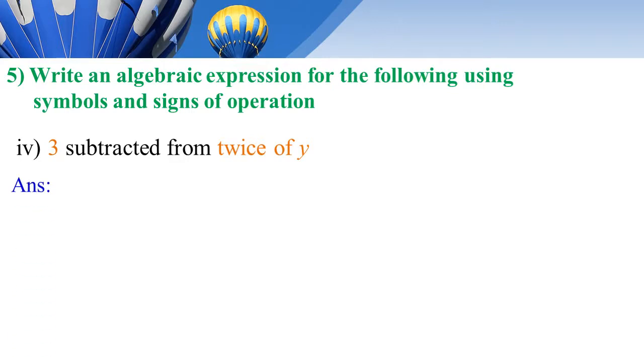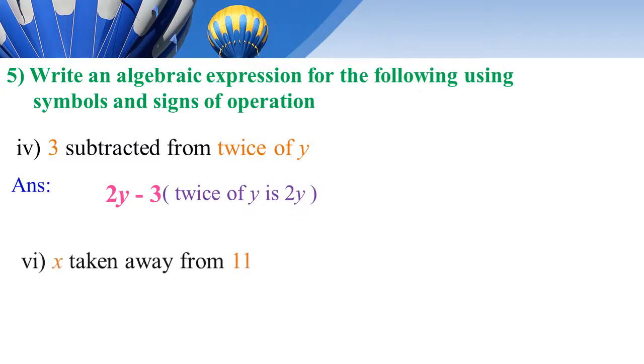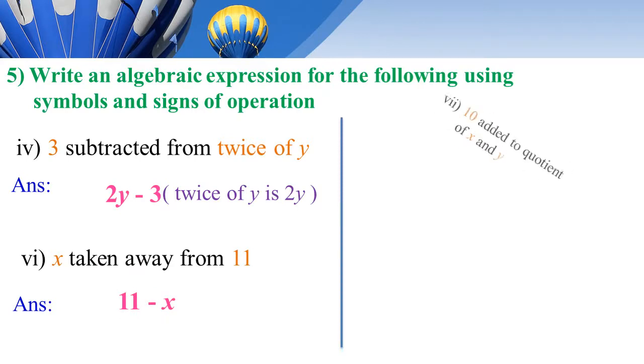So now let us write the expression: 2y minus 3, because we already know twice of y is 2y. The sixth problem, x taken away from 11. So taken away means you have to use the subtraction symbol. So 11 minus x.